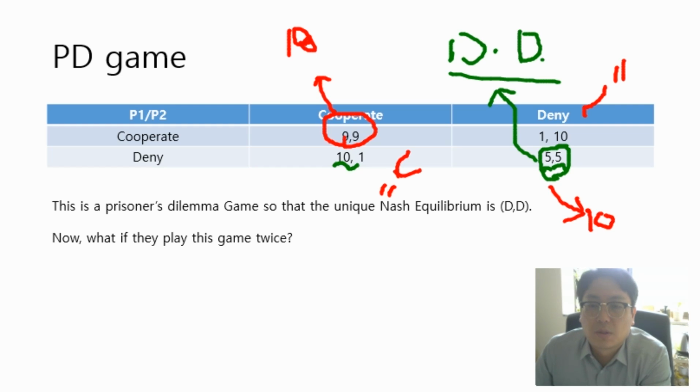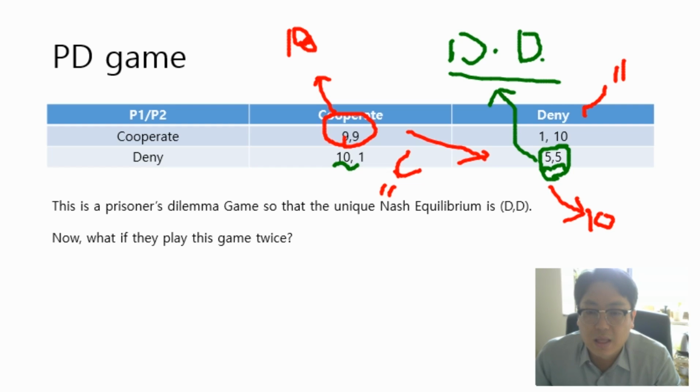In terms of social efficiency, the worst scenario is that they both choose deny, but the best scenario for society is for them to cooperate. Because they focused on their own egoistic payoff, at the end of the day they choose the worst scenario. This is a little different from what Adam Smith said.